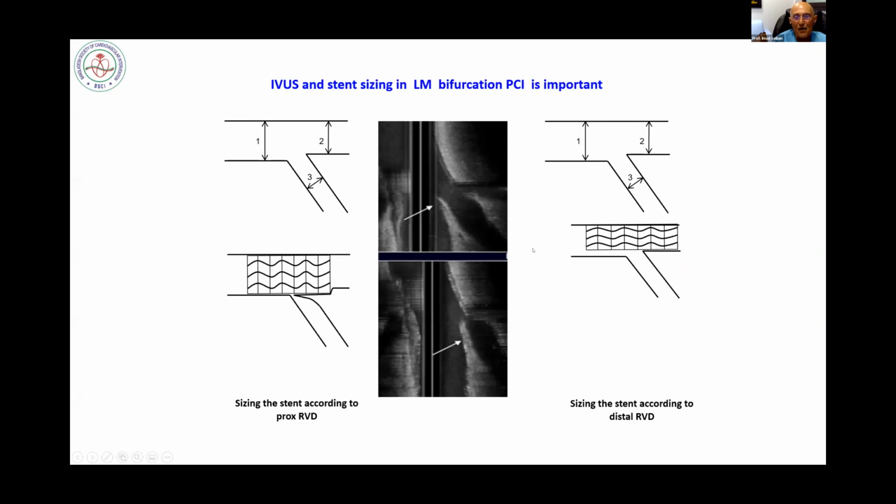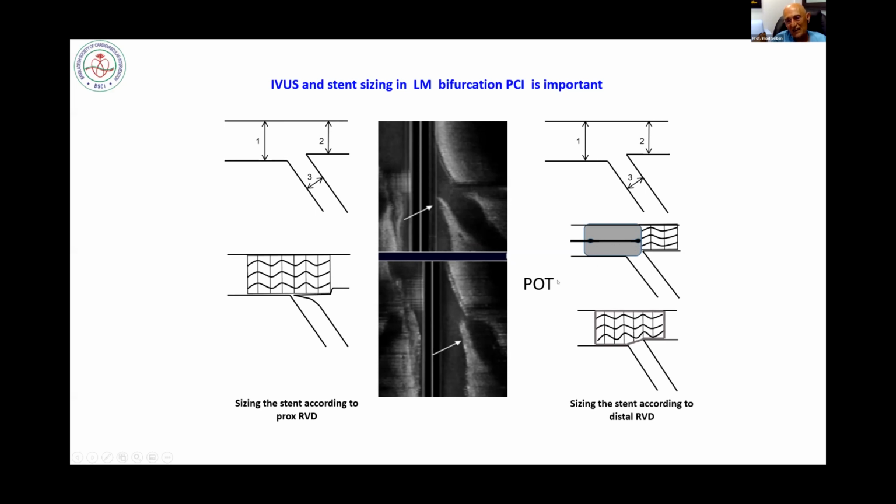And particularly important in left main is to size the stent correctly, besides the distribution of plaque and the involvement of the side vessel in the bifurcation lesion.